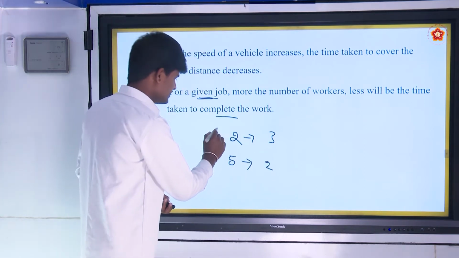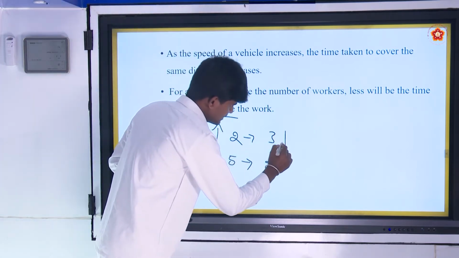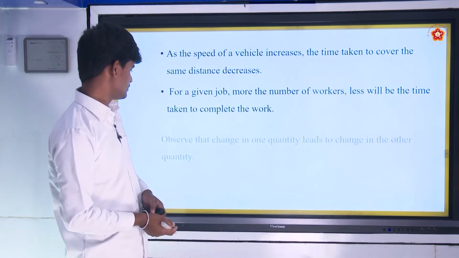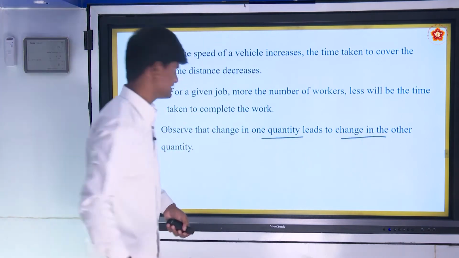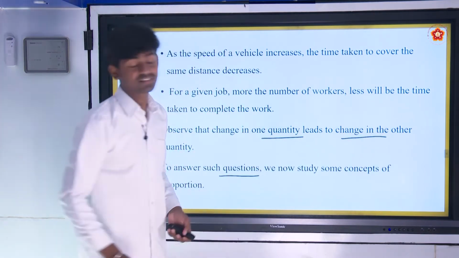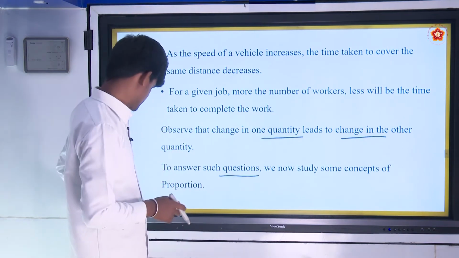See, a change in one quantity brings a change in the other quantity also. Observe that change in one quantity leads to change in the other quantity. To answer these questions, we study the concept of proportions.